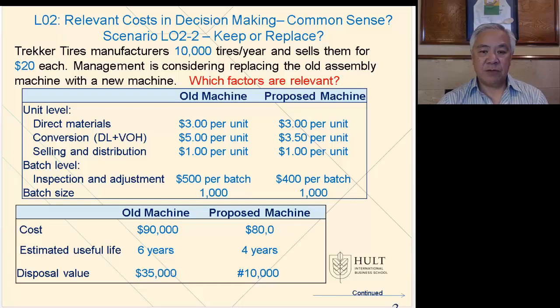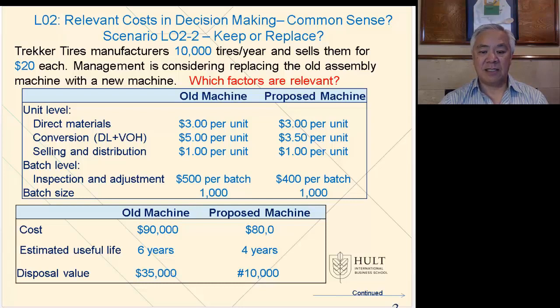So this is a case where you have a machine that's getting a little old, and the question is, do you live with it and have it chug along, or replace it with a shiny new machine? So Trekker Tires manufactures 10,000 tires per year, and they sell them for a price of $20,000 per tire. Management is looking at replacing the old machine with a new machine.